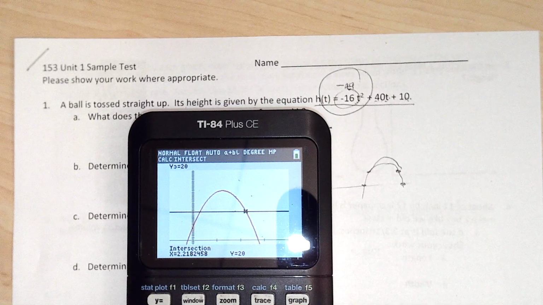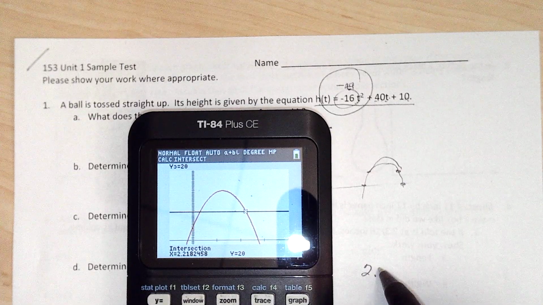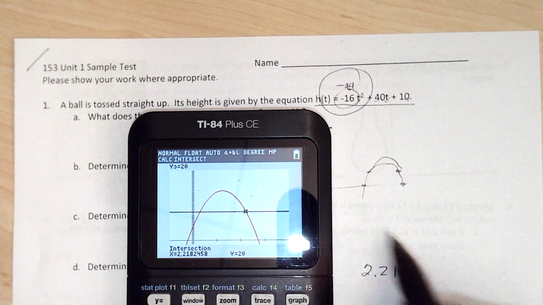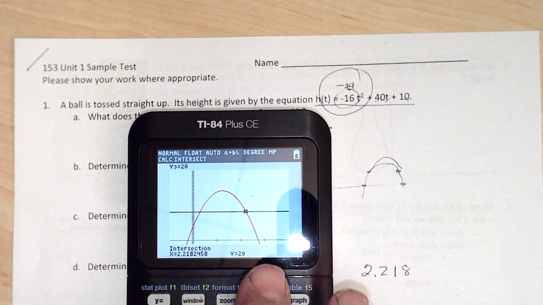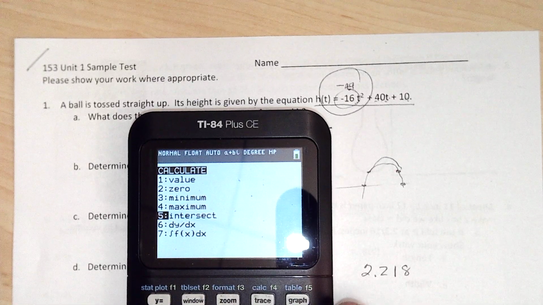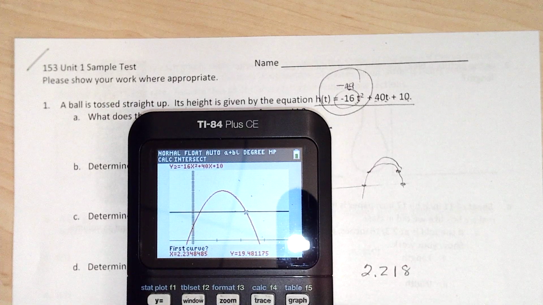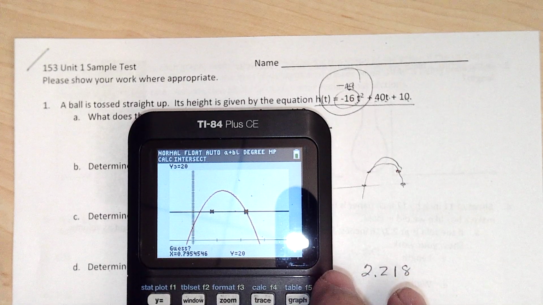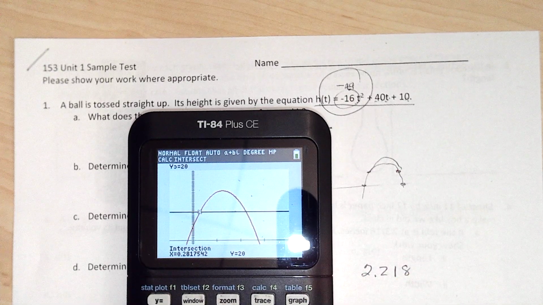And it says at 2.218, and it was at a height of 20. And second, calculate the intersection. That's one curve, that's the other curve, and I want to get closer to the other spot. So that's closer.